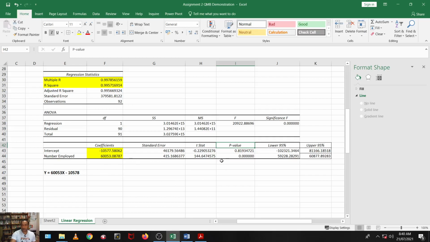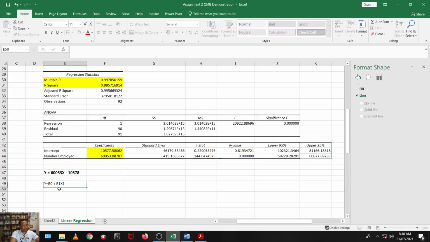So we'll follow the simple linear regression equation. If you remember, it is y is equal to b naught plus b1 x1.